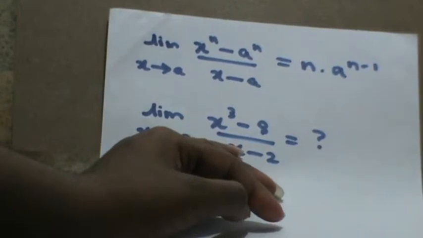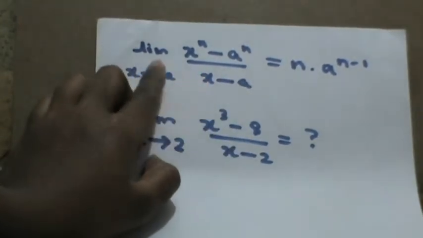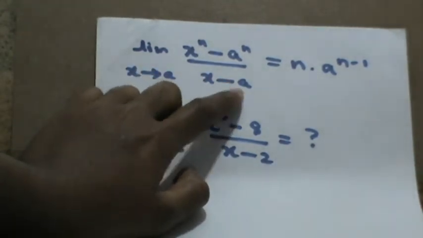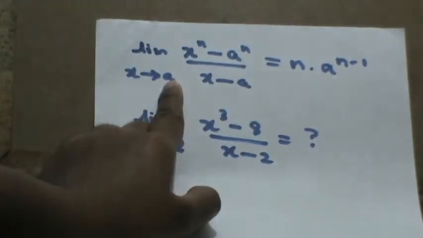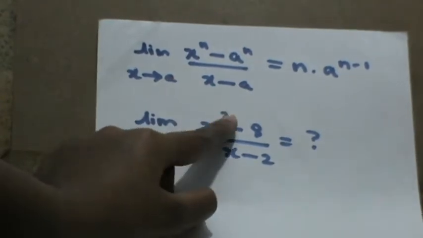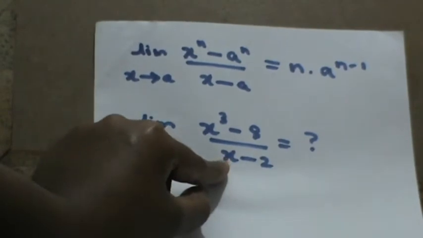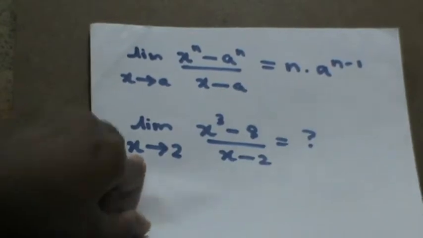So in order to apply that, if here is x, we have to have x here, and here we should have a minus sign, and there should be a minus here as well. If here is a, here should be a. In this example, here is x, so that's alright.